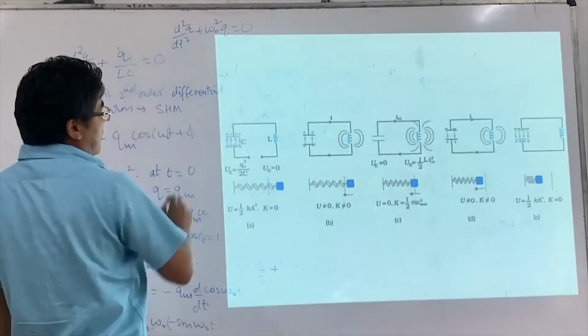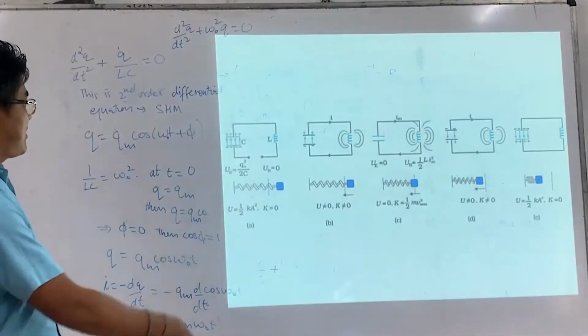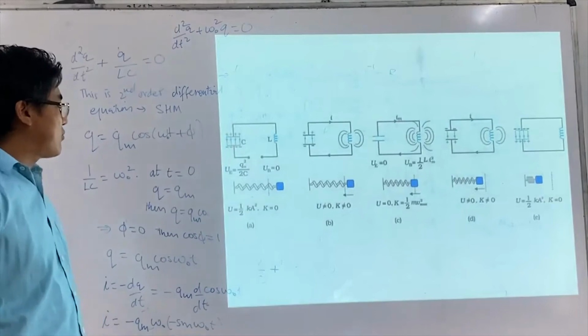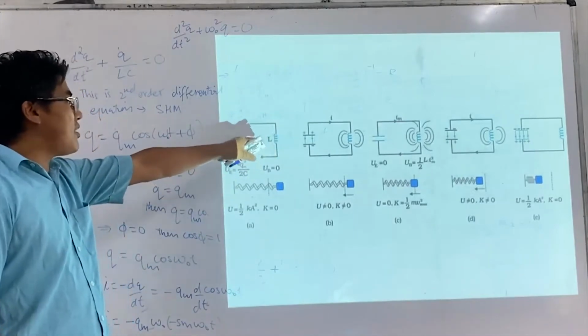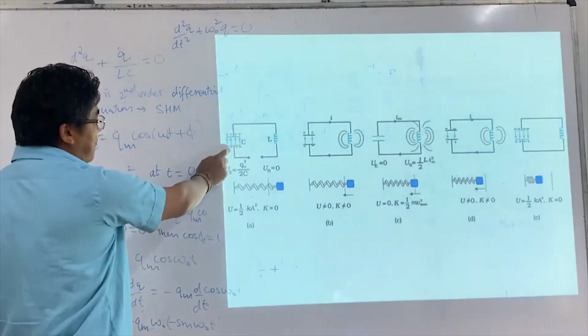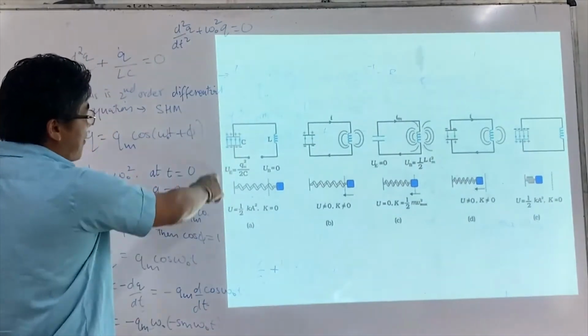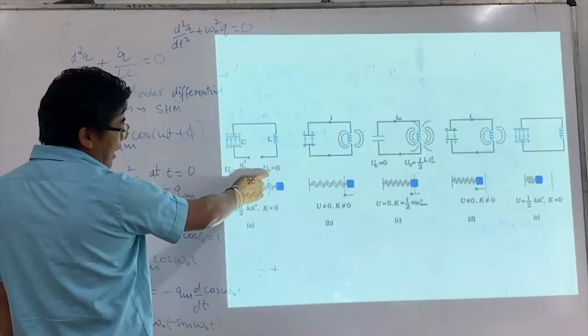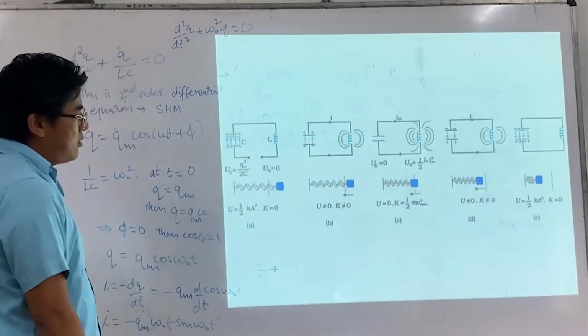Here the entire energy is electrical energy. Why? Because current is going to be 0 in an inductor. So this is the maximum electrical energy, and magnetic energy is 0.